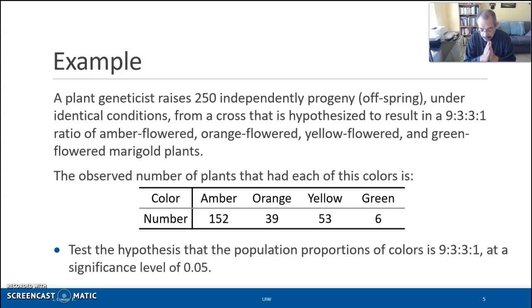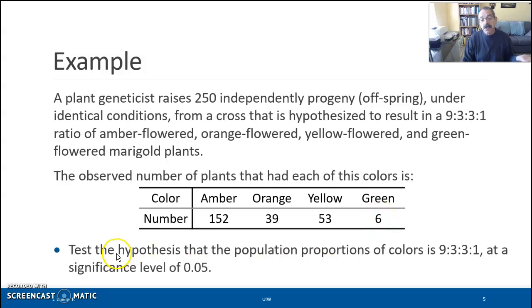Now, when they performed the experiment with 250 plants, they obtained the following frequencies. So 152 plants had an amber flower, 39 of them had an orange flower, 53 had yellow flowers, and only 6 of them had green flowers.